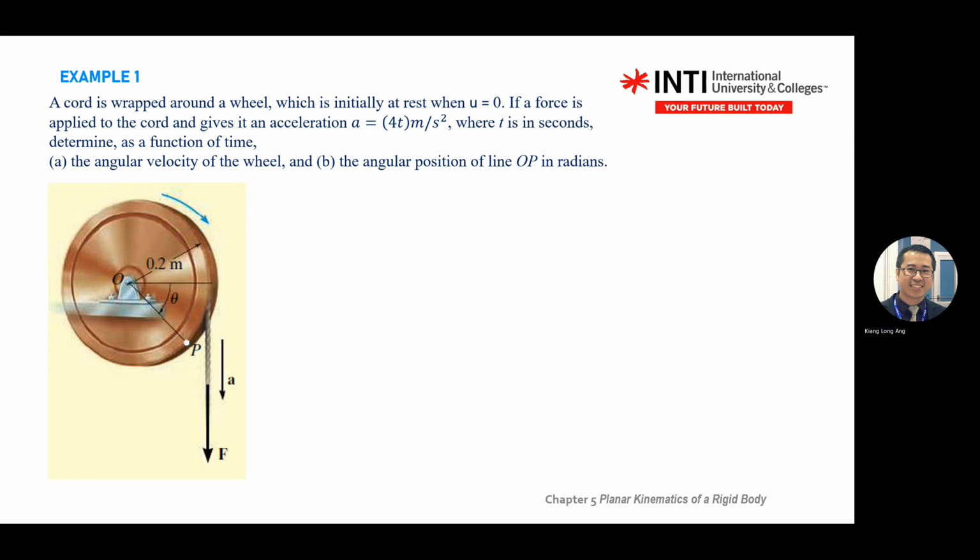Integrate. Okay, so you got A. Substitute this one. 4t dt equal to dv. Of course, there's a constant now, but you know it will stop at a certain time, right?